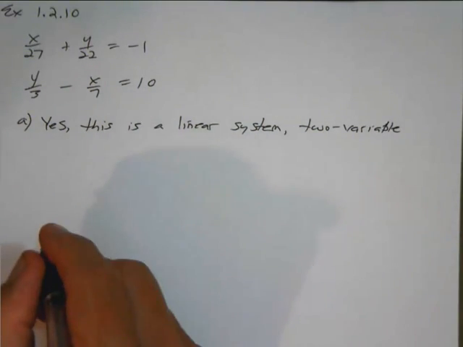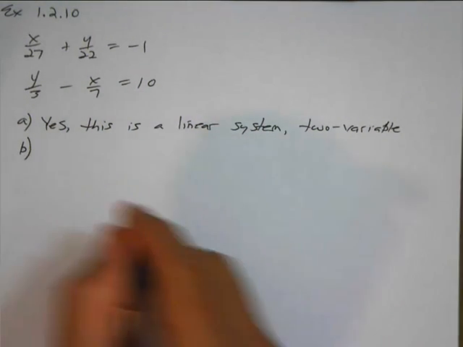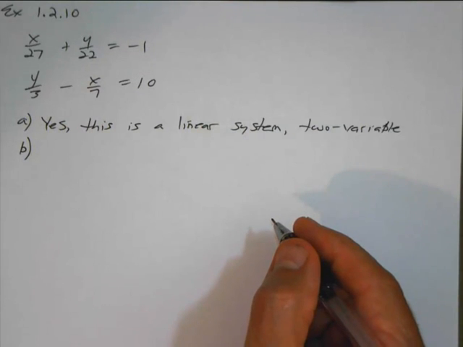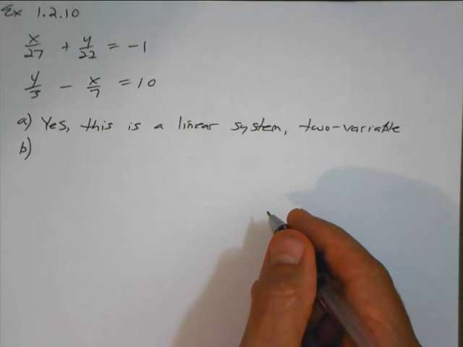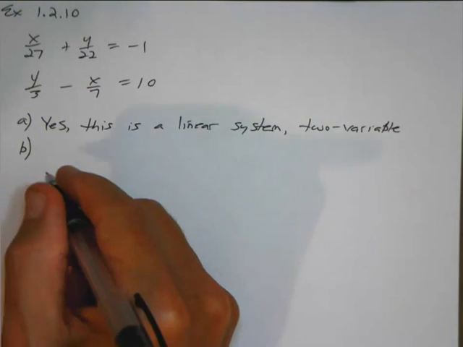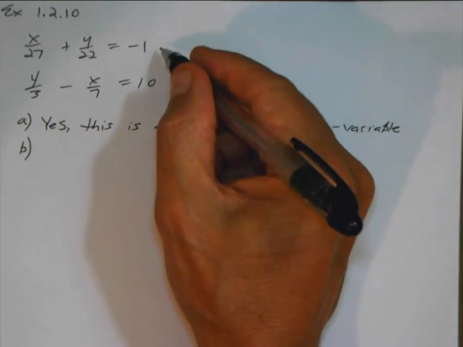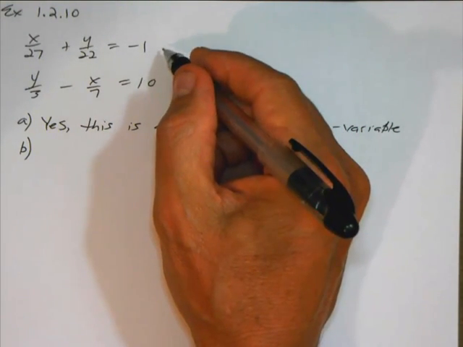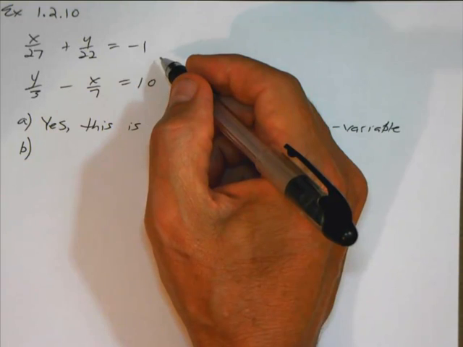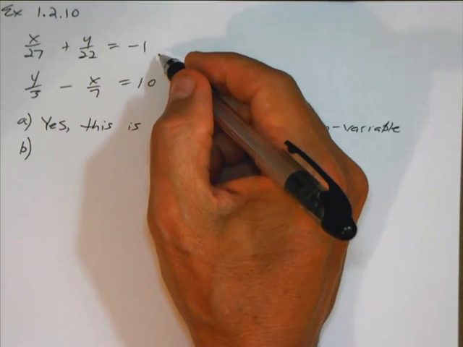Okay, this means we're responsible for part B, which means solve, assisted with the TI-84 Plus calculator. All right, to do so, we'll need to solve for y in each equation's case. This first equation, we could subtract x over 27 from both sides and multiply both sides by 22.